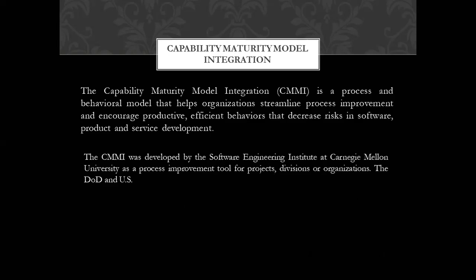This CMMI is a process and behavioral model which helps organizations streamline process improvement and encourage productive, efficient behaviors that decrease risk in software product and service development. So I hope you understood this point, why we are discussing this CMMI, and this we have already discussed. It was developed by SEI, USA.